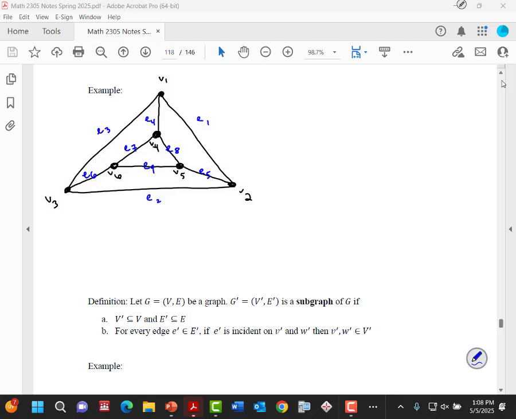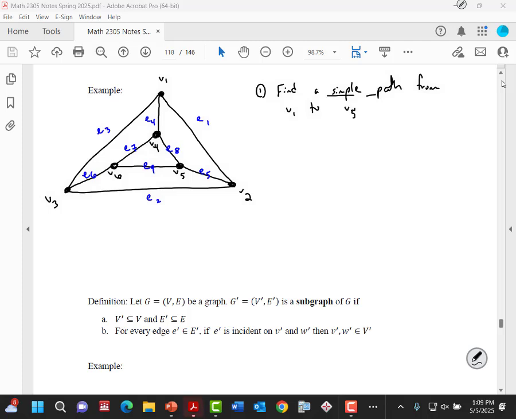Okay, so let's do this. We'll just do a couple of these. Let us find a simple path from V1 to V5.